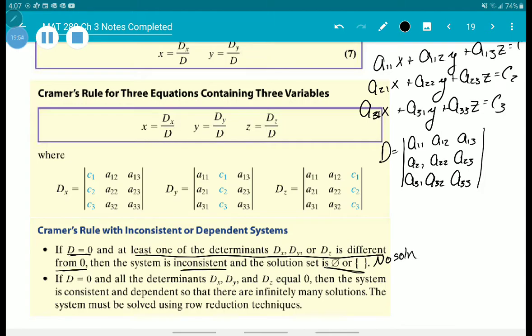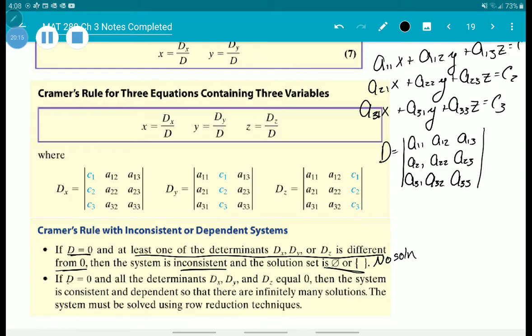Okay, so if D is equal to 0, and then they're talking about 3 dimensions, this would apply in 2 dimensions too. So at least one of the other ones is something other than 0. So you could get 0 for, let's say, this one and this one, but then this has to be some kind of number other than 0. Then that means you're going to have no solution.